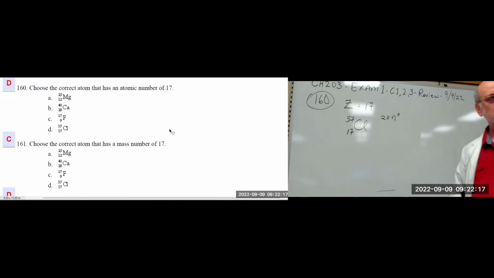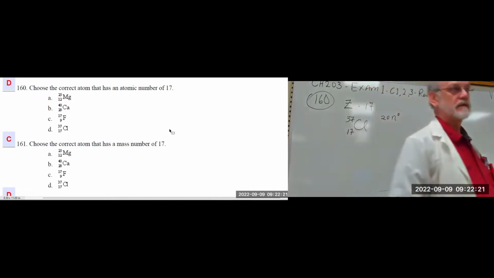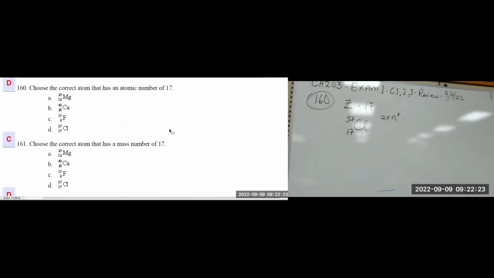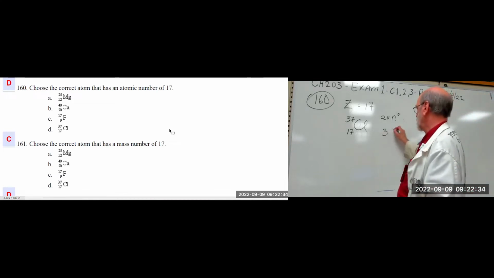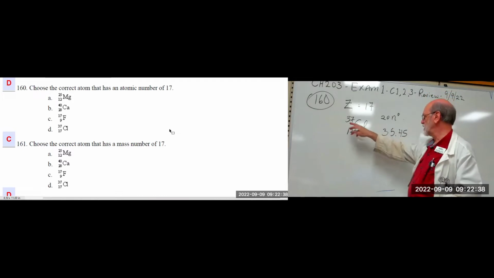The way you tell whether it's reasonable is look at the atomic weight or the molar mass in the periodic table. It says 35.45. Okay, so that's reasonable.